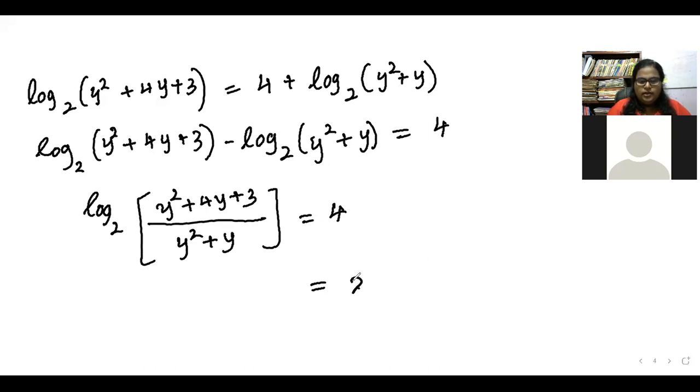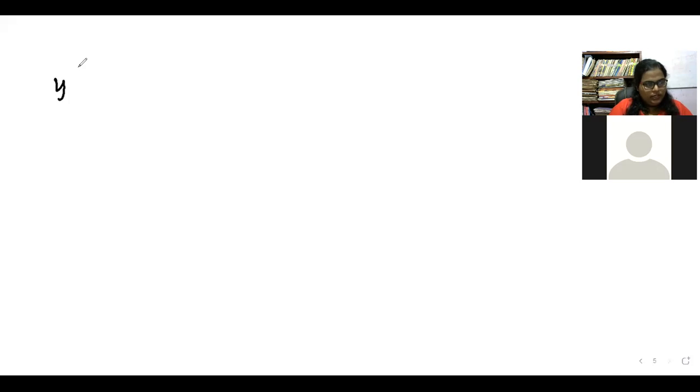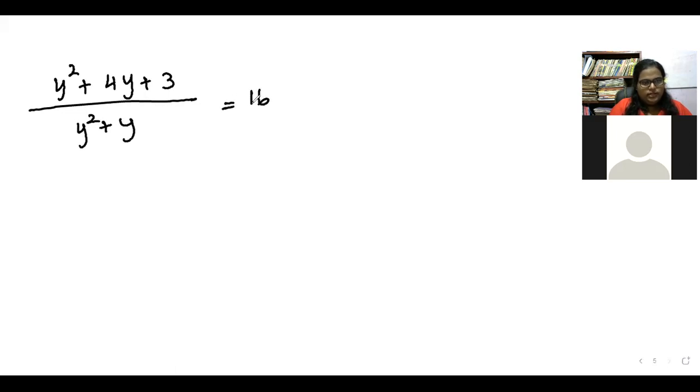Base is 2, and 2 to the power 4 should equal y square plus 4y plus 3 over y square plus y. Right, 2 to the power 4 is 16. So y square plus 4y plus 3 divided by y square plus y equals to 16. So we can simplify this quadratic equation.